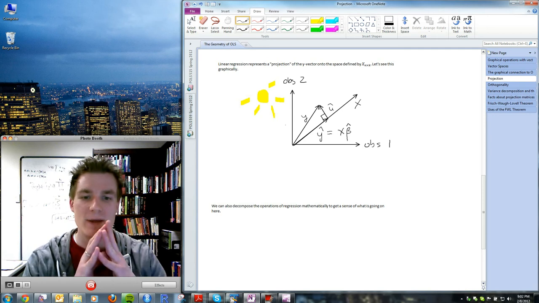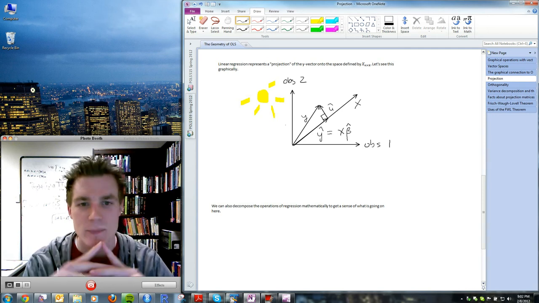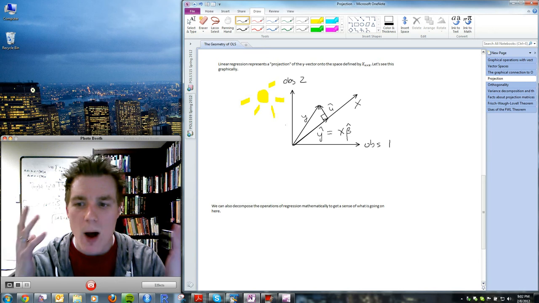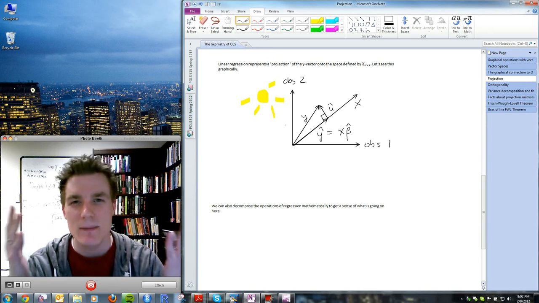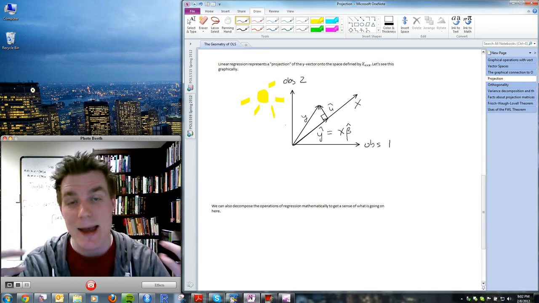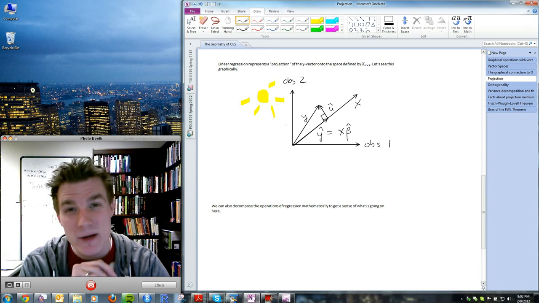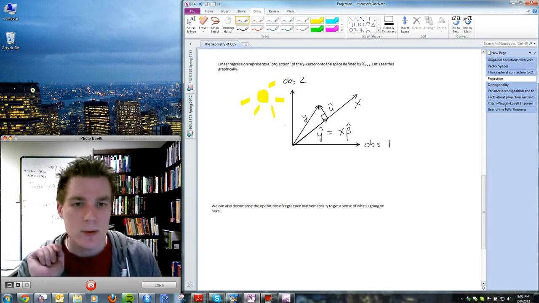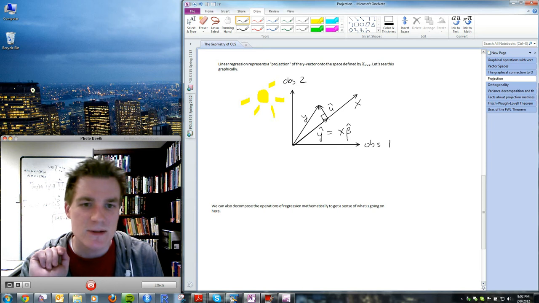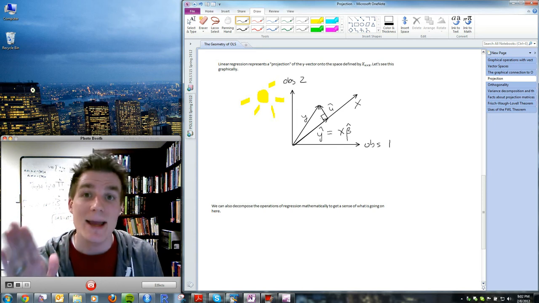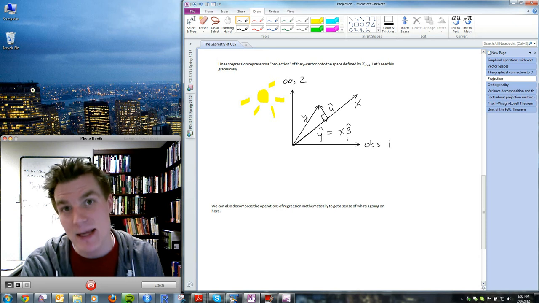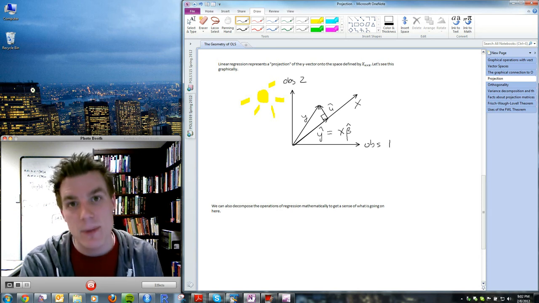Now, a more technical way of thinking about this is to say there's a part of y, the dependent variable, that can be explained by x, the independent variable, but there's a part of it that can't be. And what ordinary least squares regression does is get as close to the tip of y as you can by moving in the linear space defined by x.